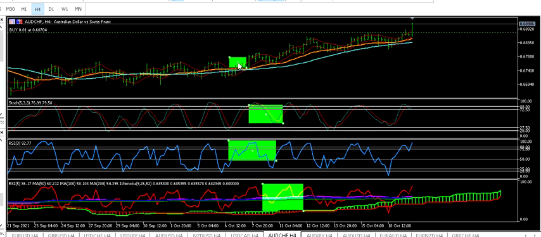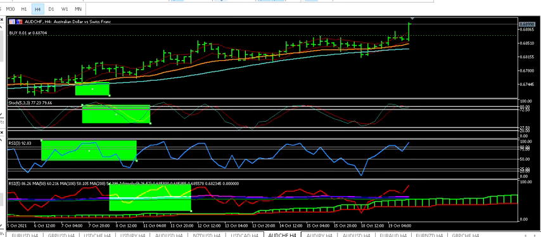Look for buy. Apart from that, when the orange moving average crosses above the blue moving average, that's also a signal to look for buy. As long as the orange moving average stays above the blue moving average, always look for buy opportunities.